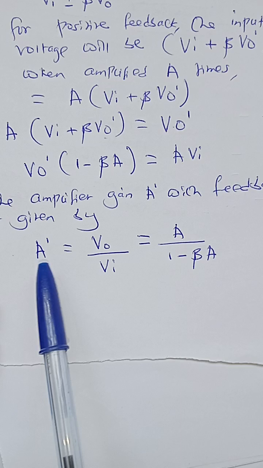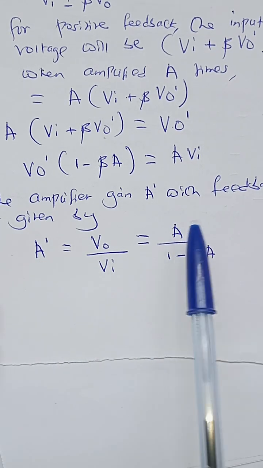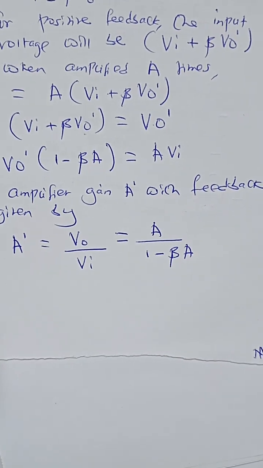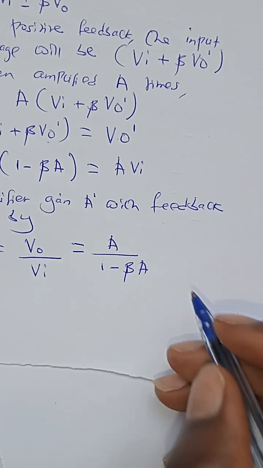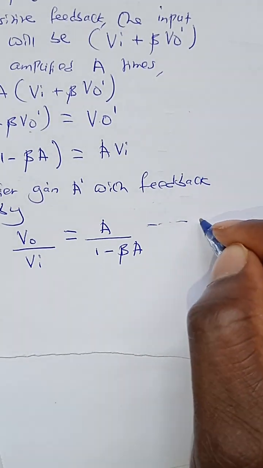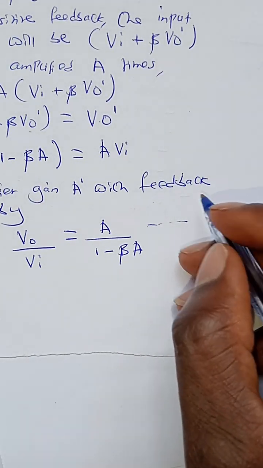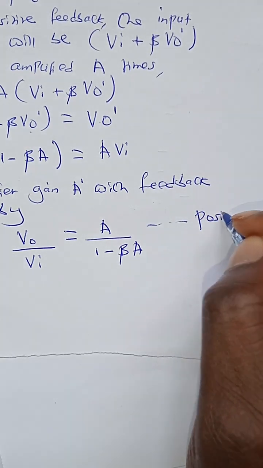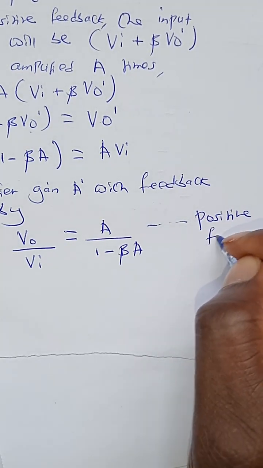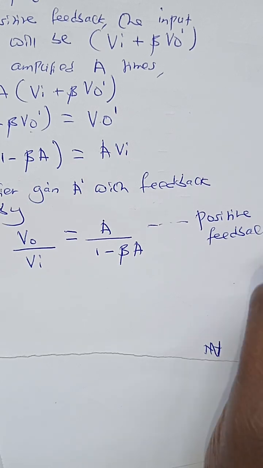The gain with positive feedback will be the gain without feedback, A, over 1 minus beta A. So this one is the gain of an amplifier where we have applied positive feedback.